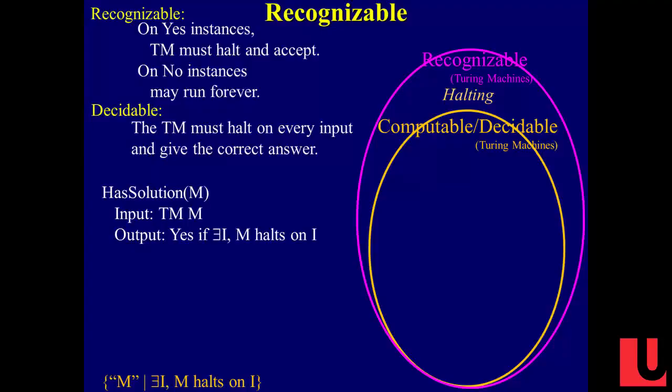Now, we do have the idea of running them in parallel, which is the idea of running M on a particular input for some T time steps. So we want to think about the order of this: we have some input and some time step, and we run M on I for T time steps.